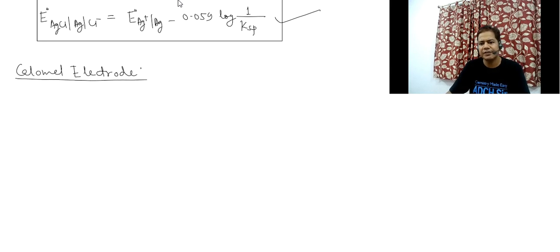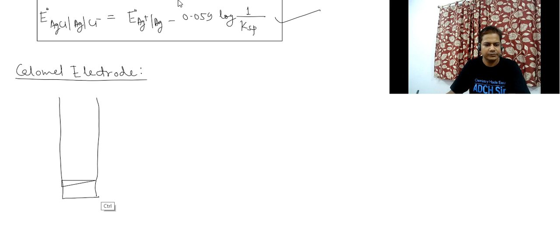Calomel electrode is one of the reference electrodes. Okay, let me explain its construction in brief. The construction of a calomel electrode: we can think of a tube which is filled with liquid mercury.